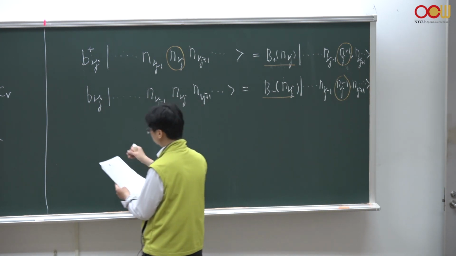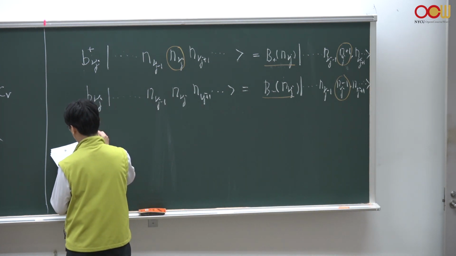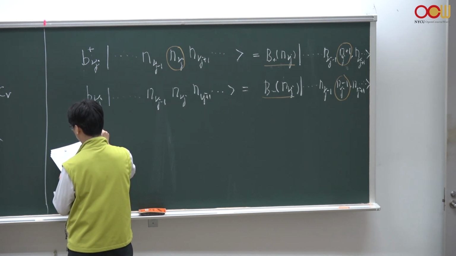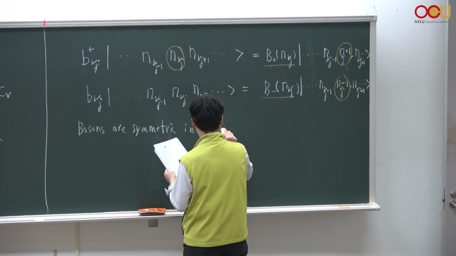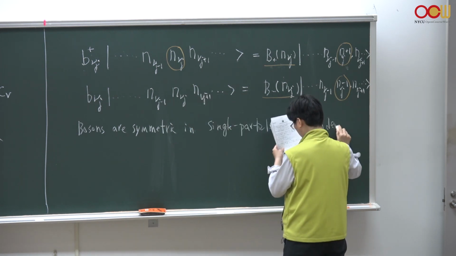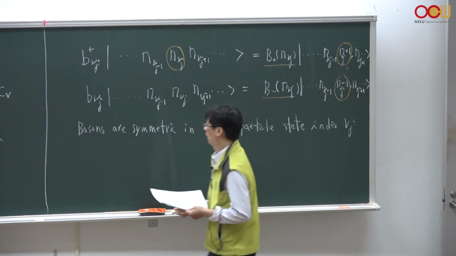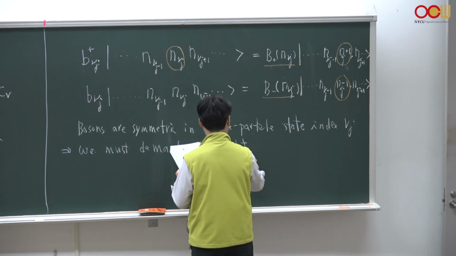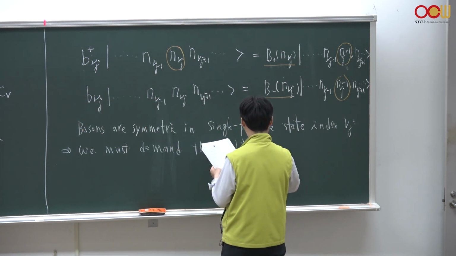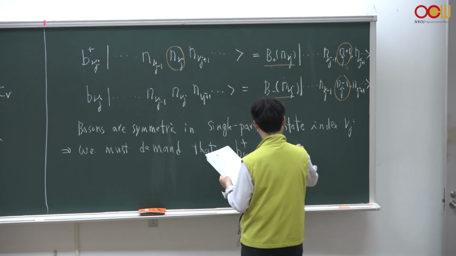Since bosons are symmetric in the single-particle state under exchange, we must demand that b dagger nu j and b dagger nu k commute.